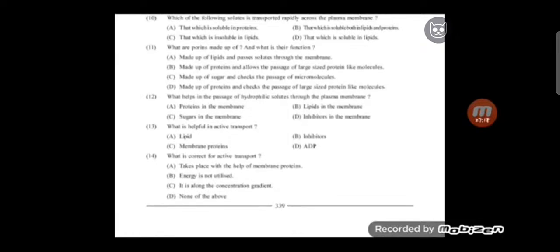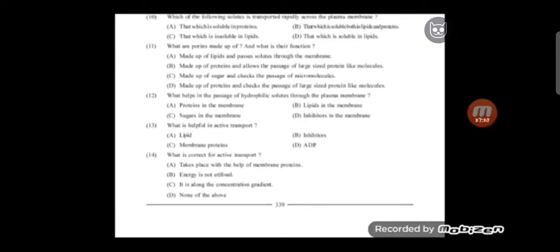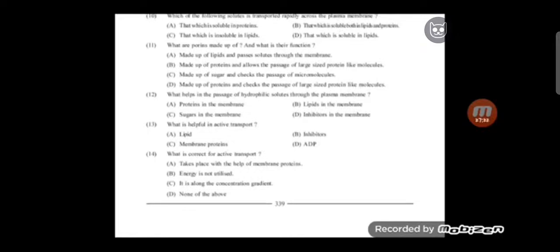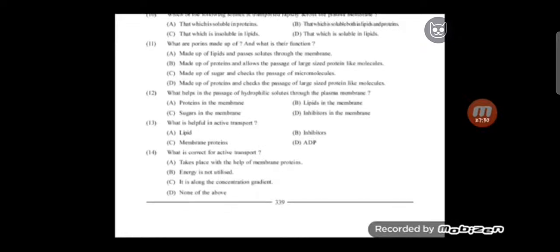Next, question number 14. What is incorrect for active transport? Option A, it takes place with the help of membrane protein. Option B, energy is not utilized. Option C, it is along the concentration gradient. Option D, none of the above.